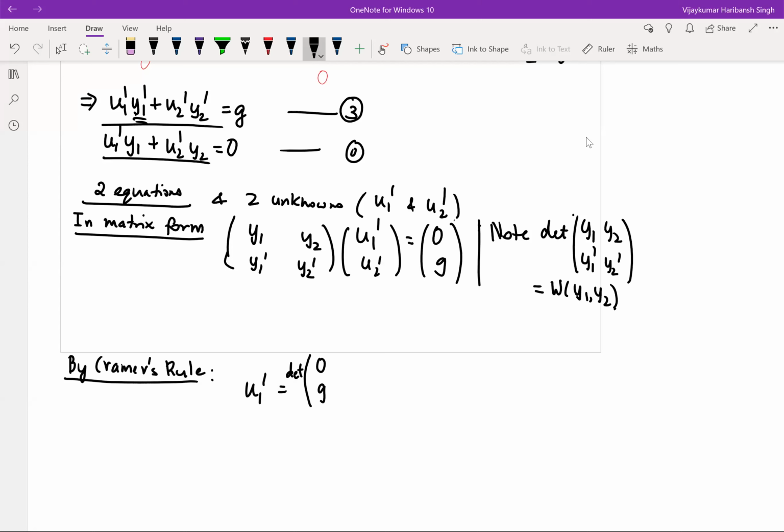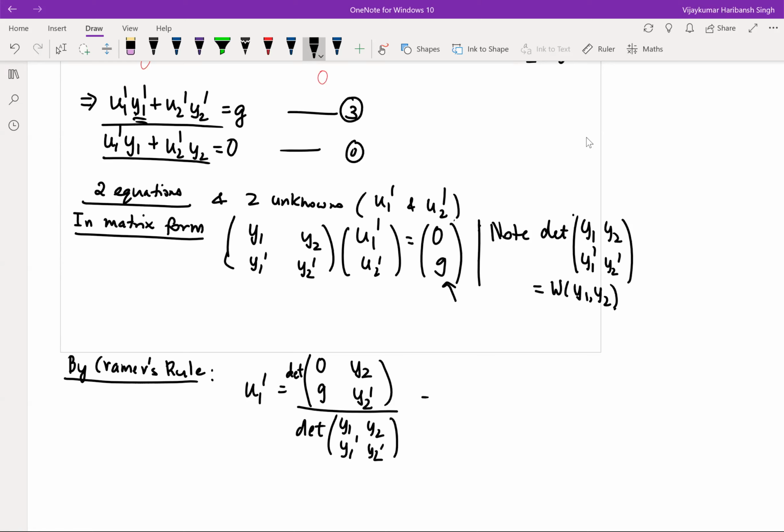If you're solving for u1 prime, you replace the first column by the following column. So you get 0, g, y2 prime divided by the determinant of y1, y2, y1 prime, y2 prime. This is what Cramer's rule is.